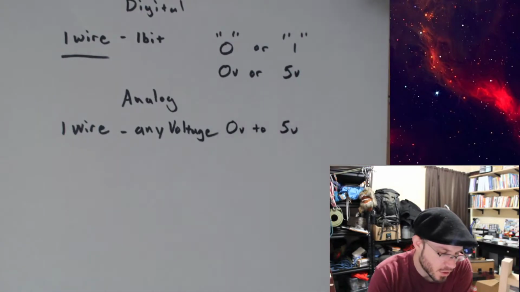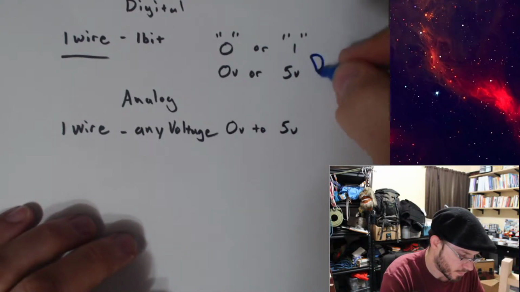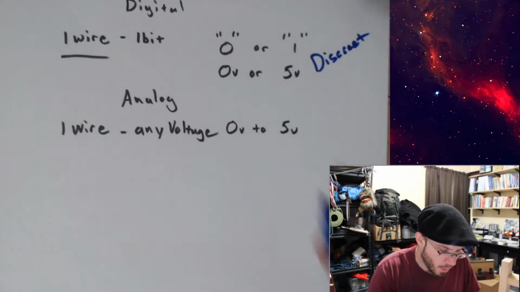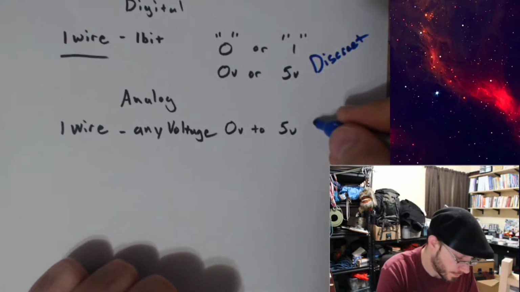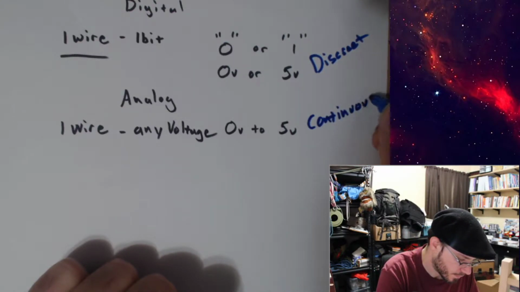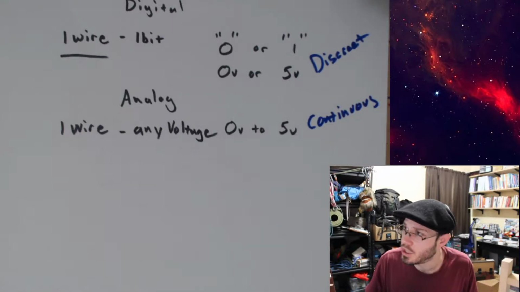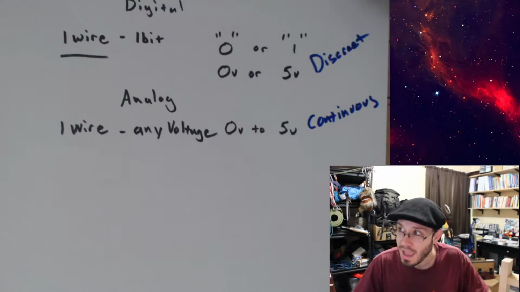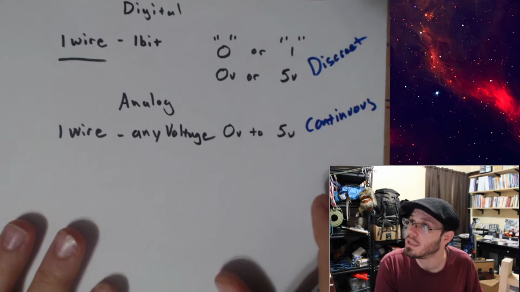Now, when it comes to digital, we're talking about the world of the discrete. But when you're talking analog, you're now talking about the continuous world. And when you're dealing with analog, which at the end of the day, everything reverts to analog, even your digital circuits.